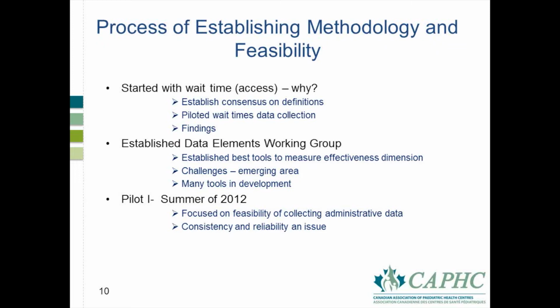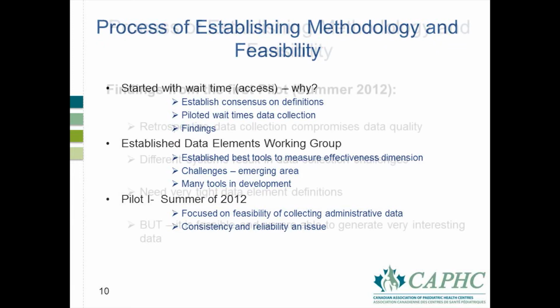And we learned a lot. It was definitely worth doing. We learned a lot about some of the issues with collecting consistent and reliable data. Everyone had different systems for registering their children, and a lot of the data collection had to be hand done.